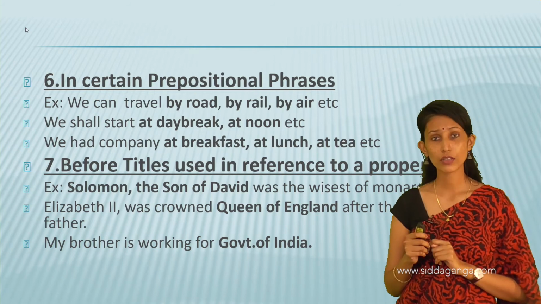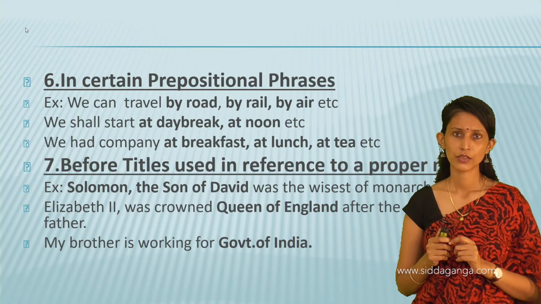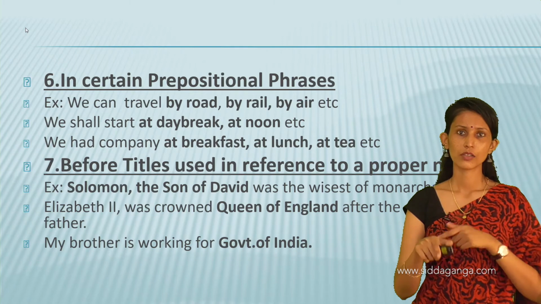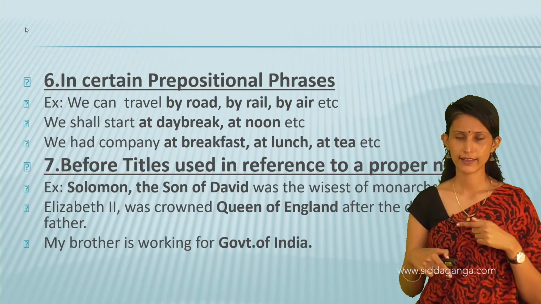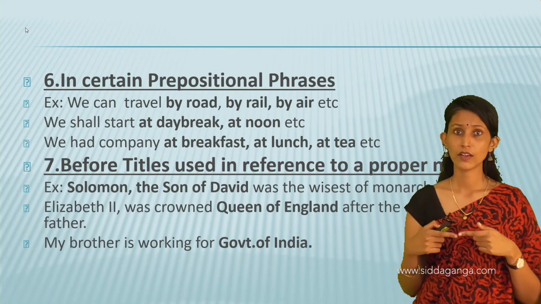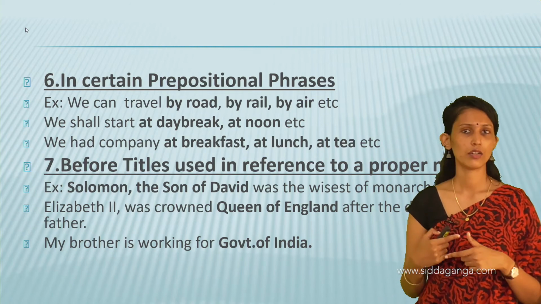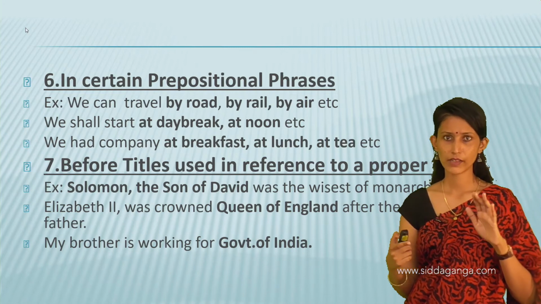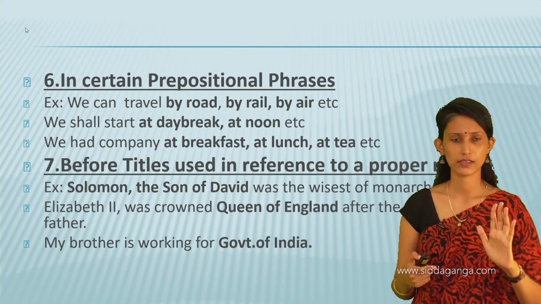We can travel by road, by rail. By is a preposition. You are doing some action after that. You're going somewhere on road. So, we are traveling by road, by rail, by air, etc. You're not saying like this. We can travel by the air or the by road. No. A by road, by the road, by a road. No. Alright. So, before prepositional phrases, you don't use the articles.